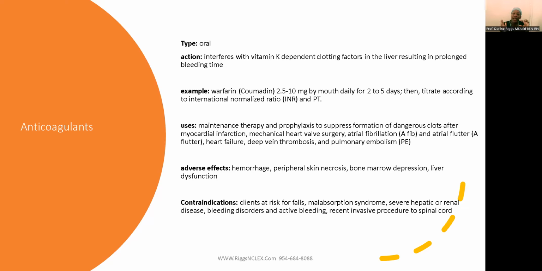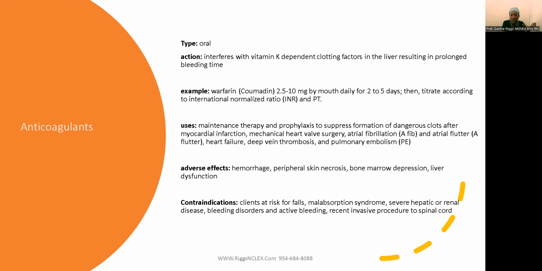So when a client is on warfarin Coumadin, we are only looking at the INR and PT to adjust it. The APTT wouldn't help. The APTT is for heparin. Let me repeat that, so pay attention to that question. Don't mix what I'm saying. Let's start with heparin.